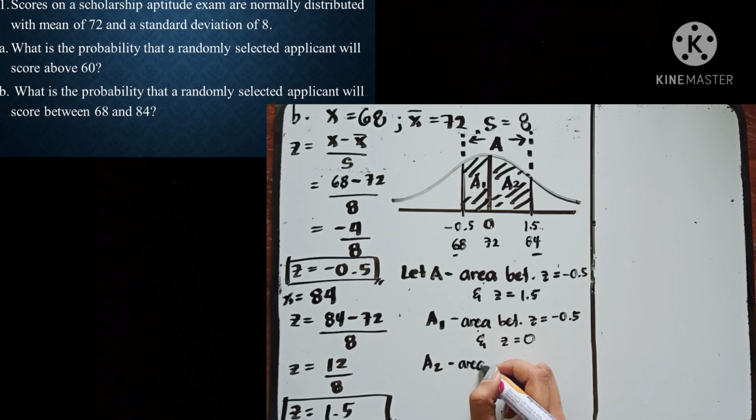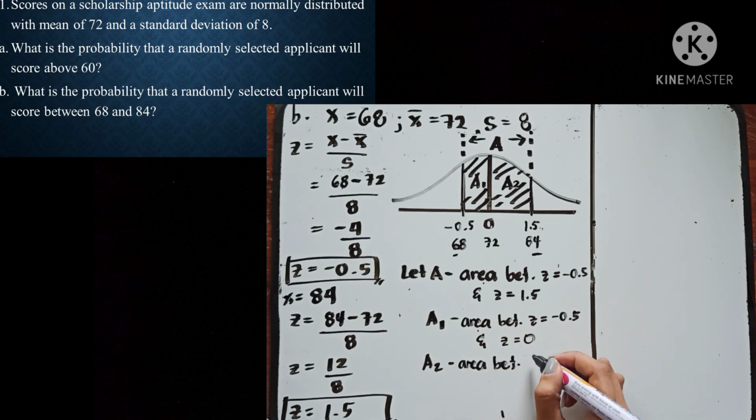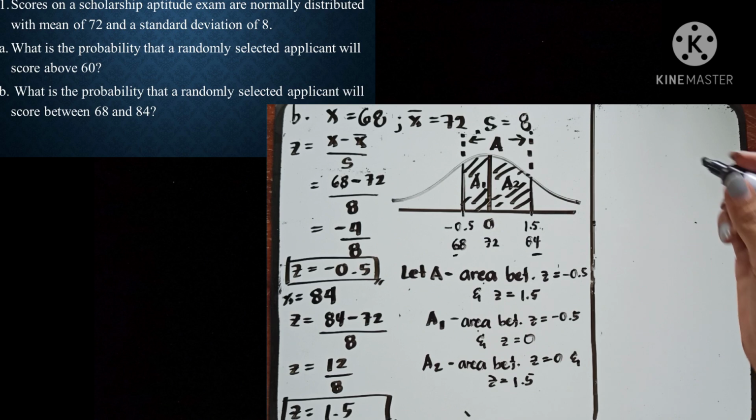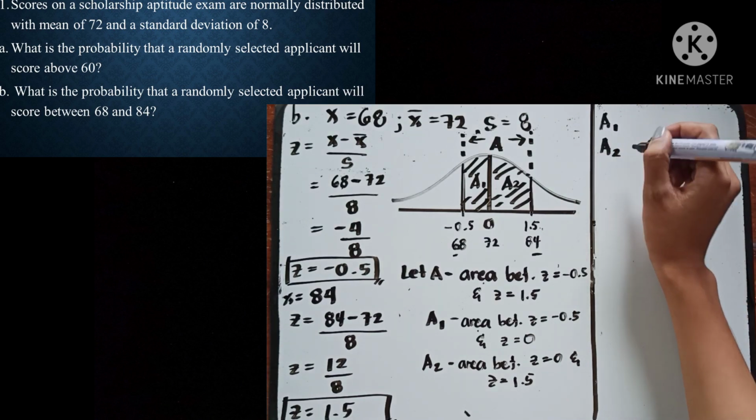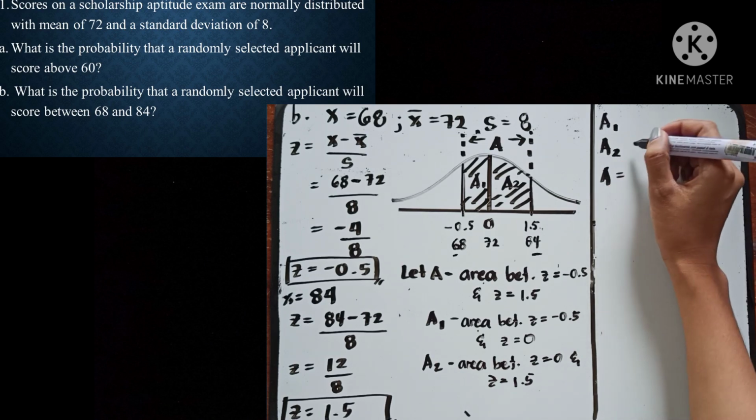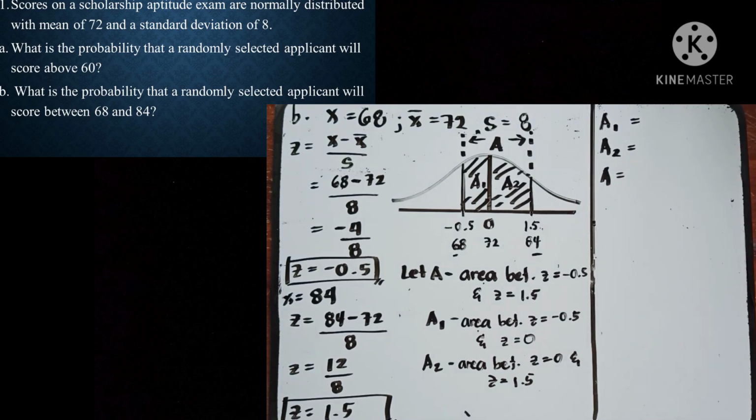So, area between z is equal to 0 and z is equal to 1.5. Okay? So, pagtapos na yung normal curve, next step is alamin ano yung value ni A sub 1, ano yung value ni A sub 2, ano yung magiging value ni A.